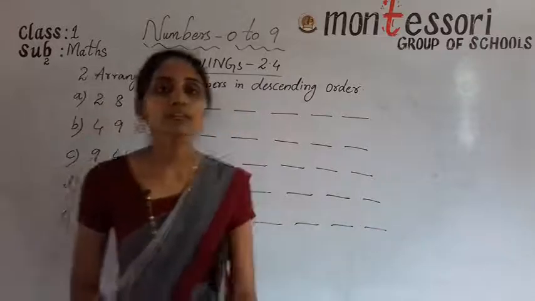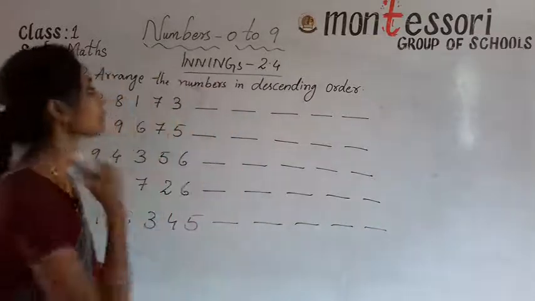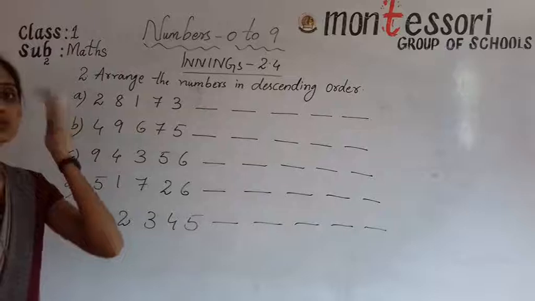Descending order. In descending order, we have to arrange the numbers from big to small.